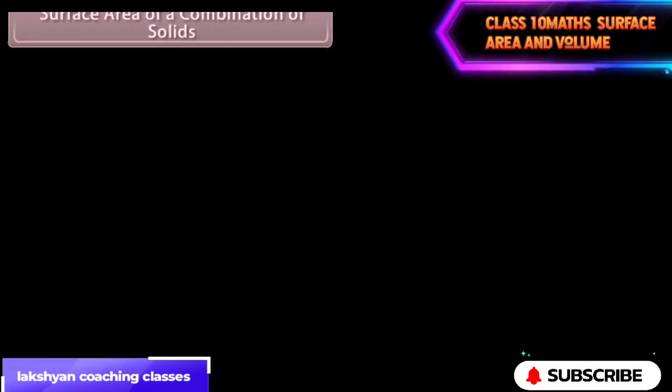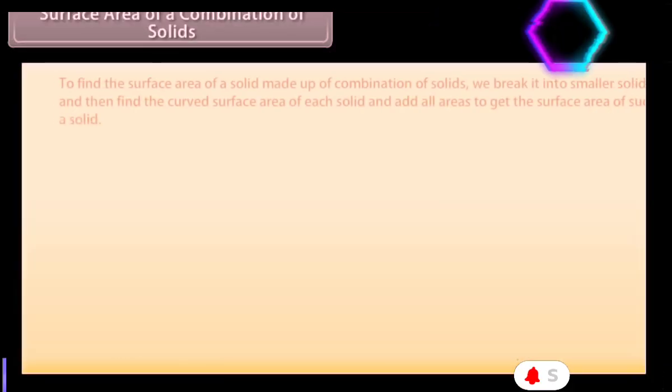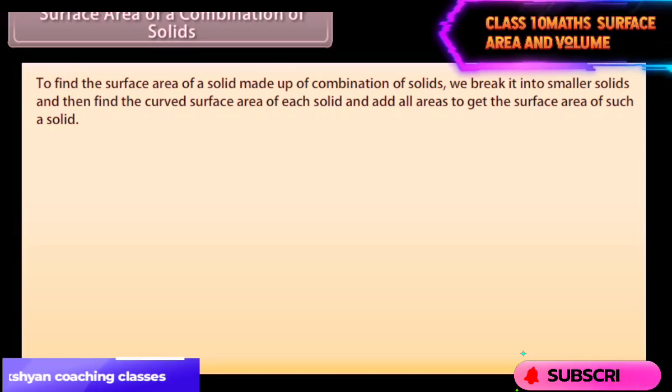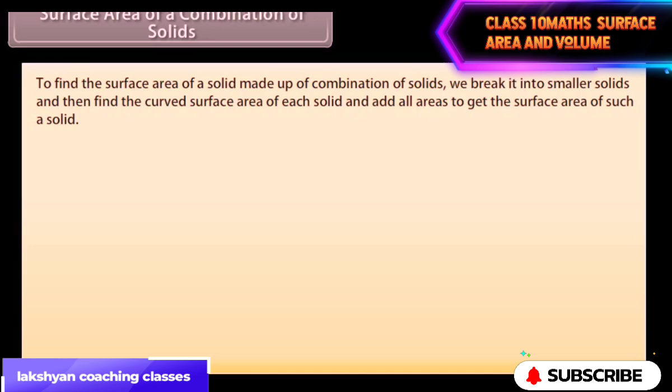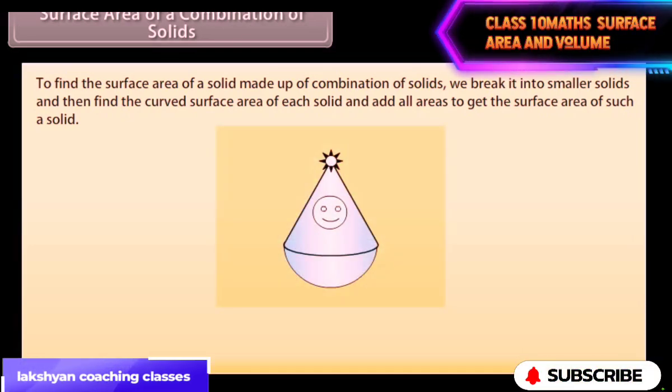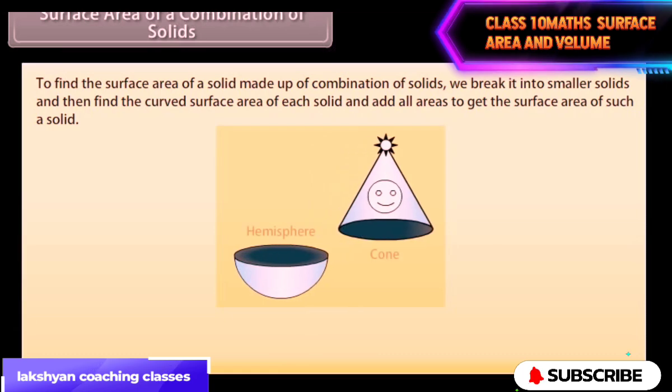Surface area of a combination of solids. To find the surface area of a solid made up of combination of solids, we break it into smaller solids and then find the curved surface area of each solid and add all areas to get the surface area of such a solid. For example, look at this toy. This toy is a combination of a cone and a hemisphere.